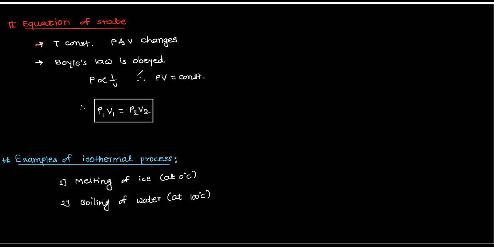Now, the indicator diagram for this process. Next part is what? Indicator diagram. Now, who will tell me what type of indicator diagram will come, Ray? The indicator diagram will come like Boyle's law, right? Yes, indicator diagram means what? PV curve.